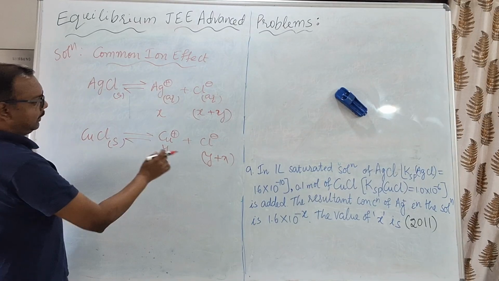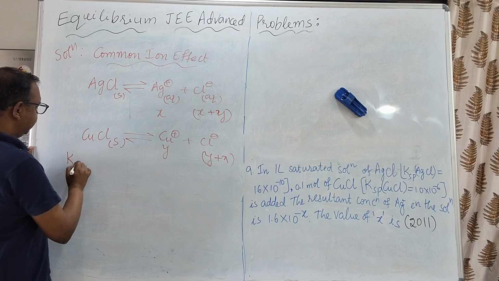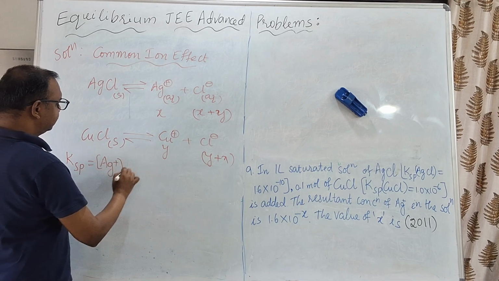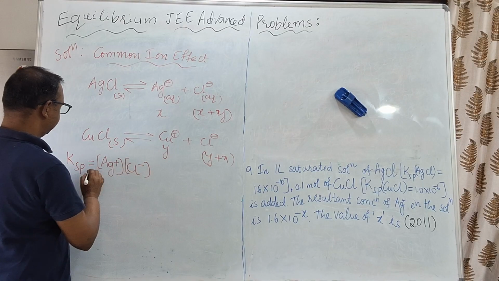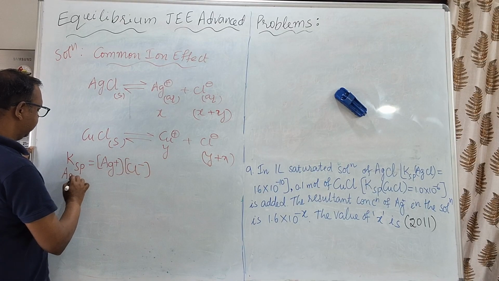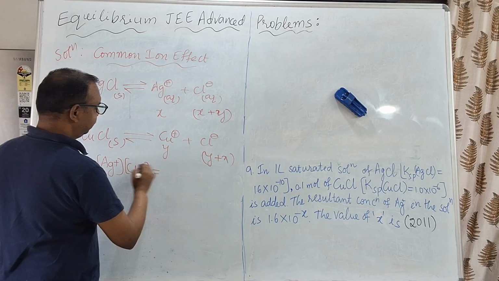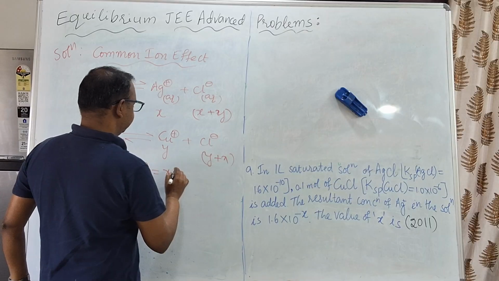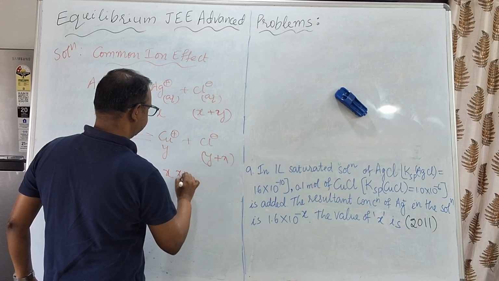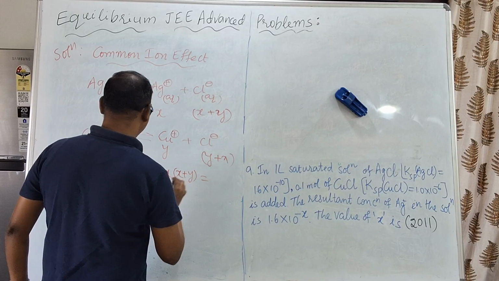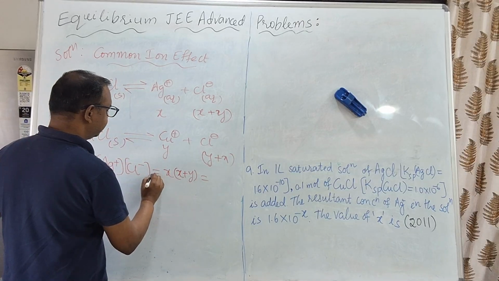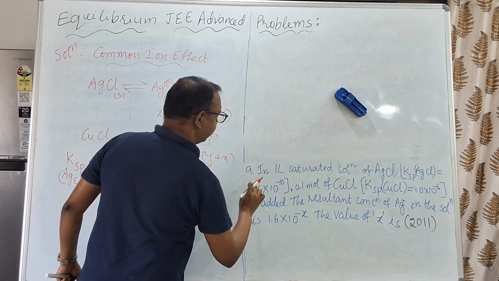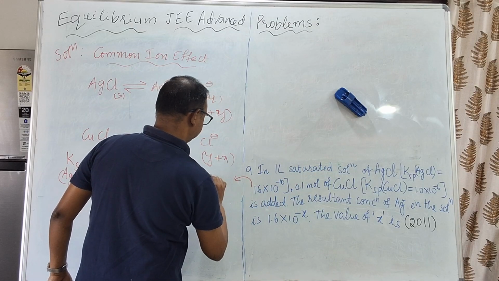Now, Ksp of AgCl is equal to the concentration of Ag plus into the concentration of Cl minus. Ag plus concentration is x and Cl minus concentration is x plus y. This is equal to the Ksp value for AgCl, 1.6 into 10 power minus 10.